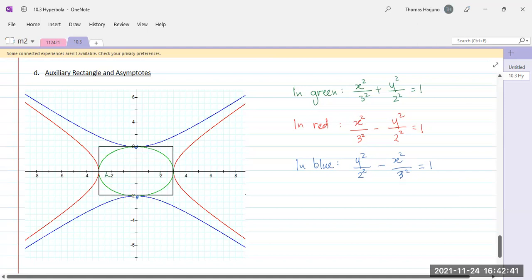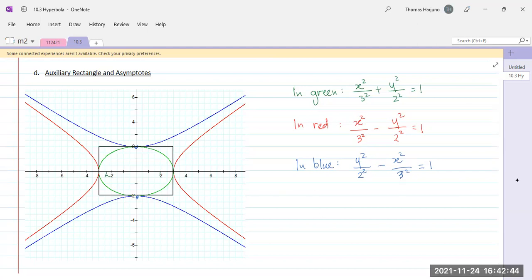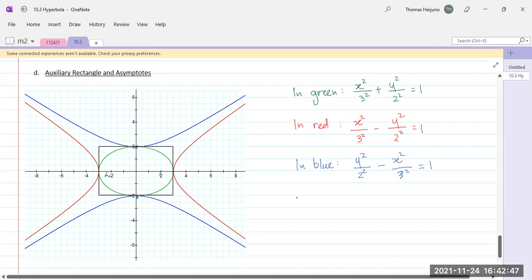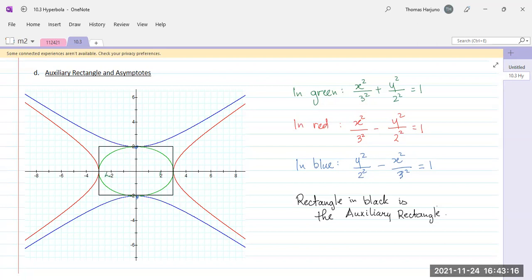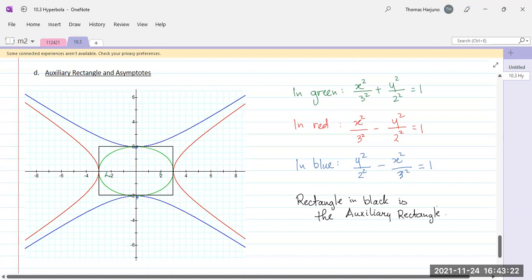The rectangle in black is the auxiliary rectangle. Notice that this auxiliary rectangle is the one that holds this ellipse and the two corresponding hyperbolas.